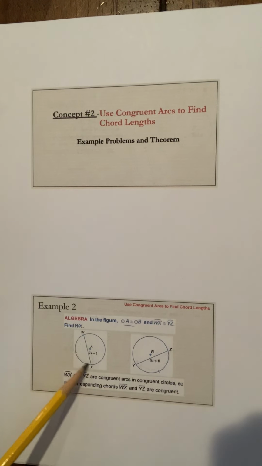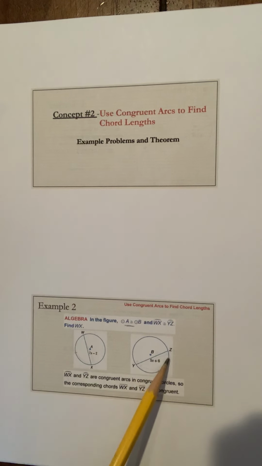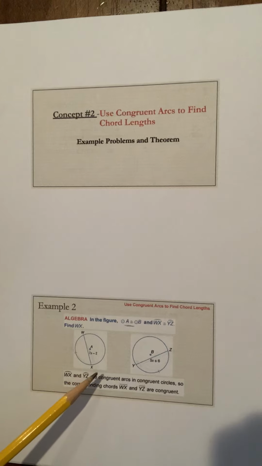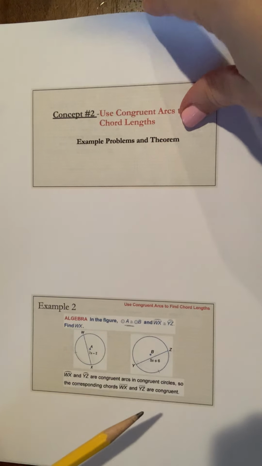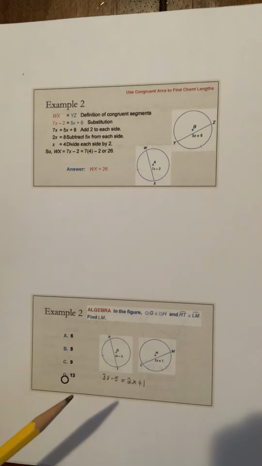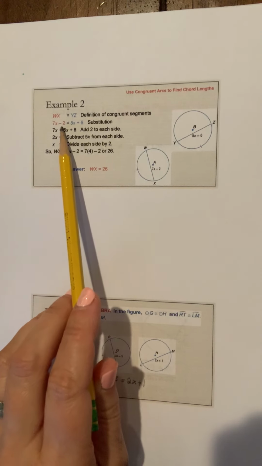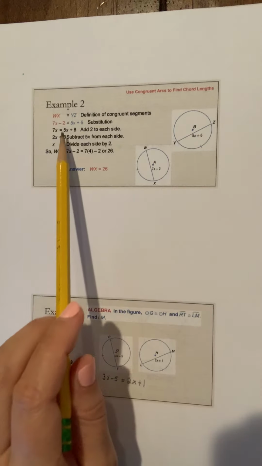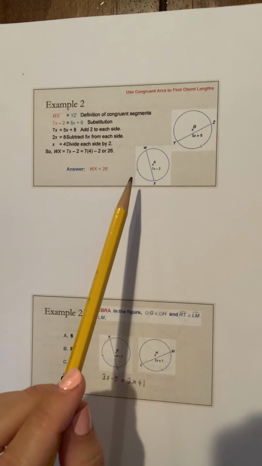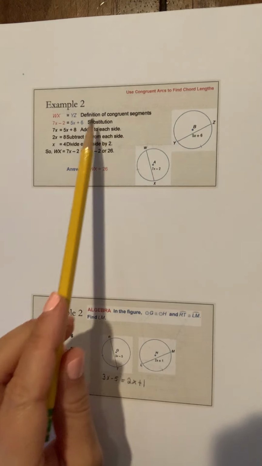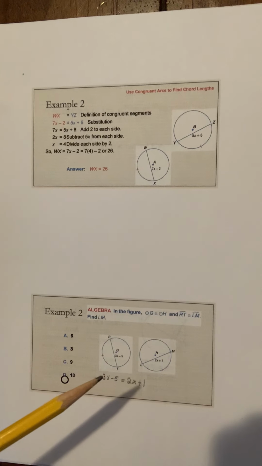So if arc WX is congruent to arc YZ, then their two chords are congruent. Okay, so in order to solve for them, I'm just going to set 7x minus 2 equal to 5x plus 6 and solve. And I showed the steps, so you can just use those steps and answer it.